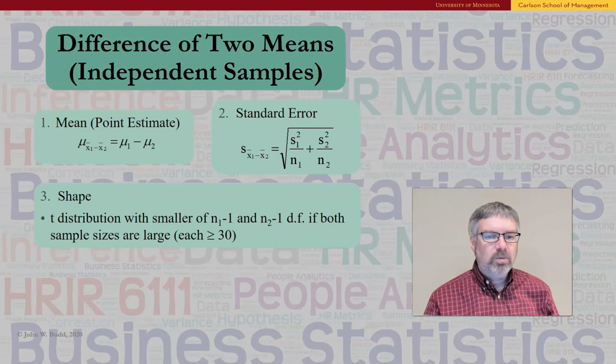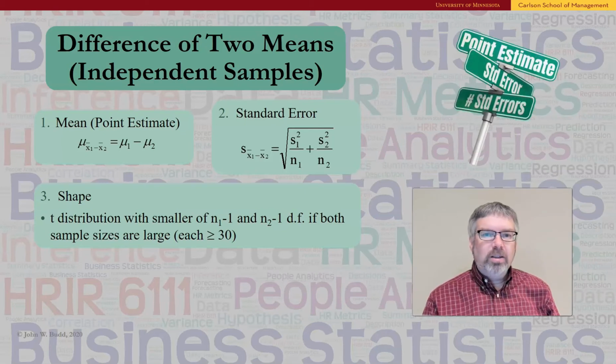The second thing that we need to look at is, remember, a t-distribution always has degrees of freedom. We always need to know the degrees of freedom in order to be able to use the right t-values. And so what is the degrees of freedom in this case? Well, it's the smaller of n1 minus 1 and n2 minus 1. Remember, in the single mean case, degrees of freedom was n minus 1. Here it's the smallest value, n1 minus 1 or n2 minus 1.